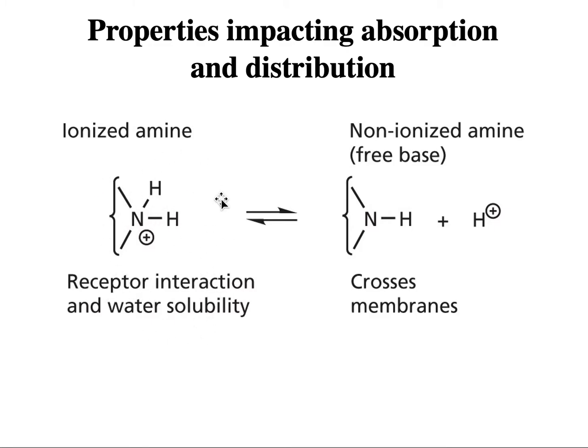A lot of ionized amines are able to form a relatively strong ionic bond to a receptor. So that's receptor interaction, and they also impart water solubility. The ionizable groups make them more water soluble. If it's a free amine, it's going to be better able to cross membranes.